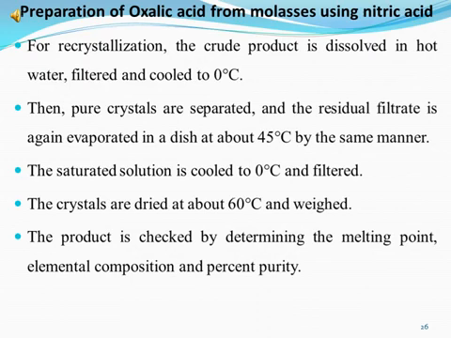By the same manner, the saturated solution is cooled to 0 degrees centigrade and filtered. The crystals are dried at about 60 degrees Celsius and the product is finally checked by determining the melting point, elemental composition and percent purity.